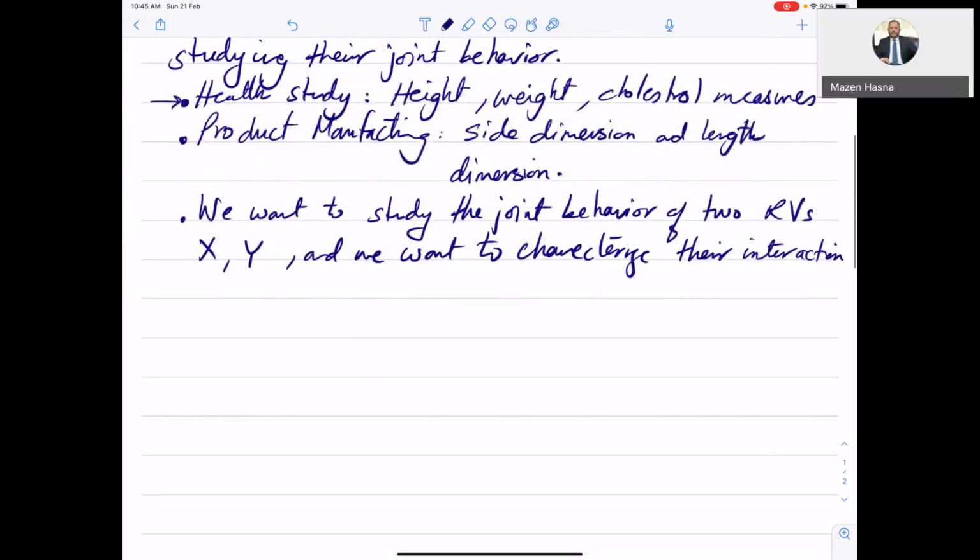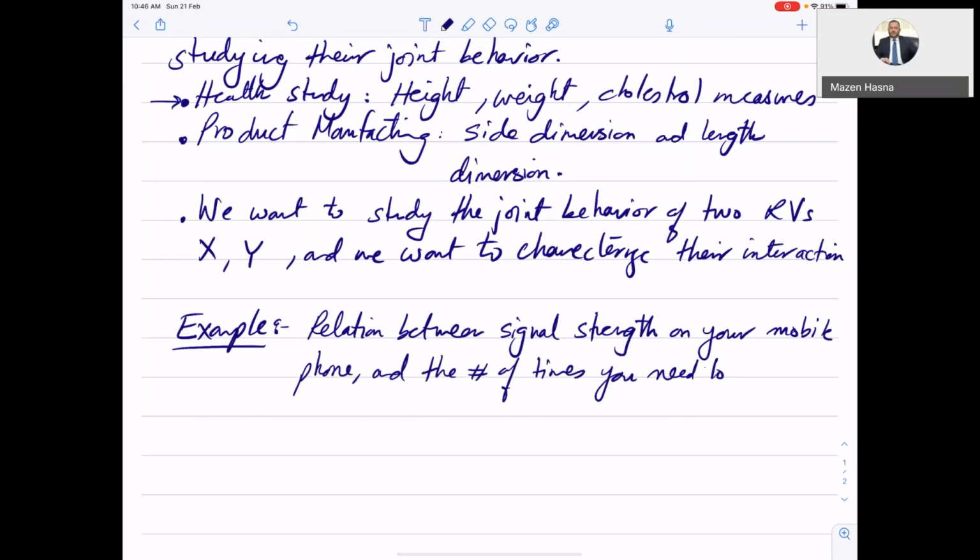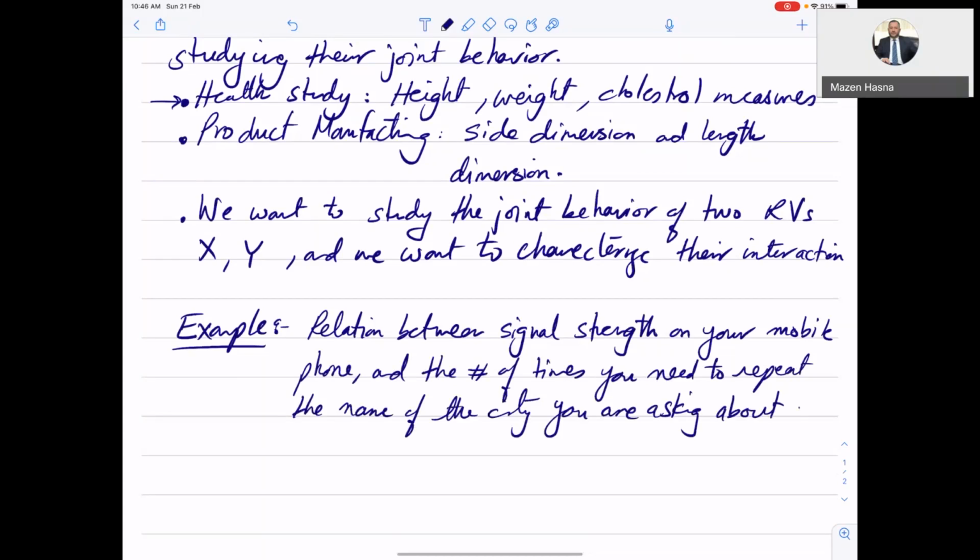So, for example, let's do a quick example. Assume that we did a study about the relation between signal strength on your mobile phone and the number of times you need to repeat the name of the city you are asking about with an agent on the phone.